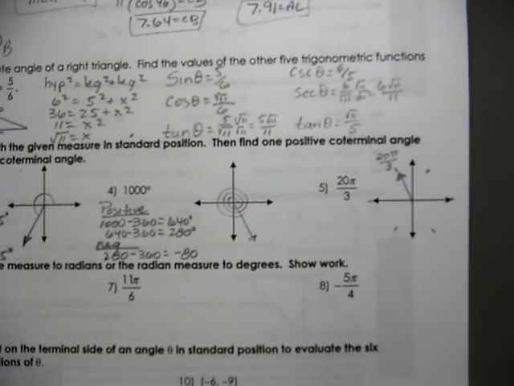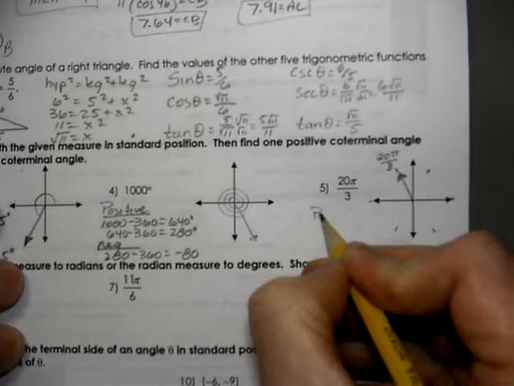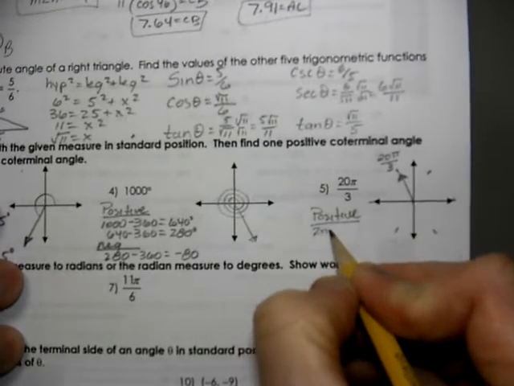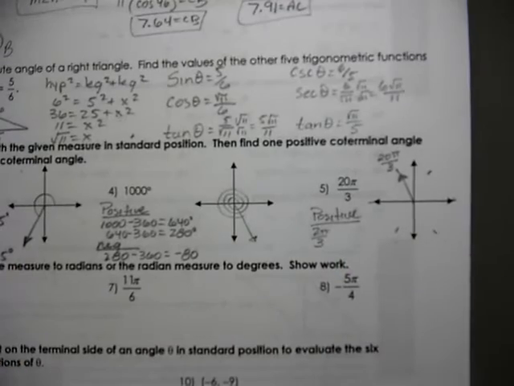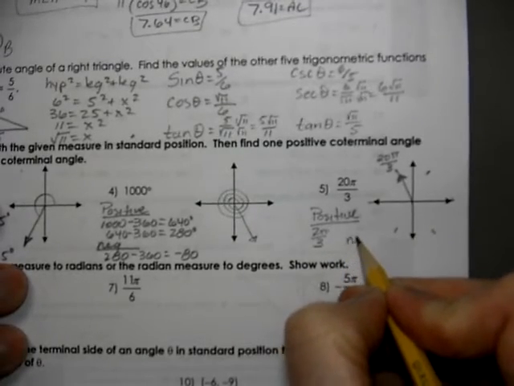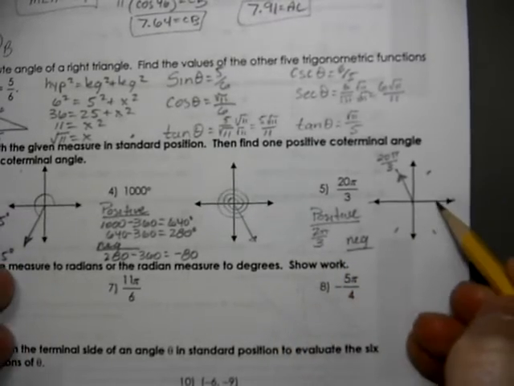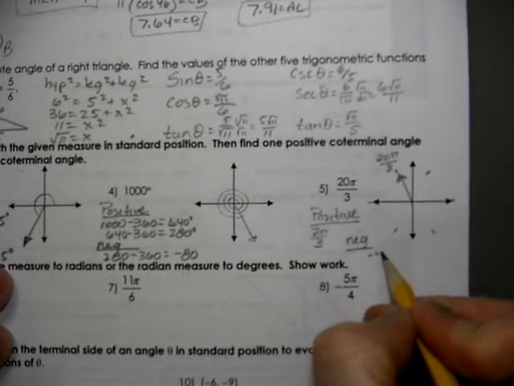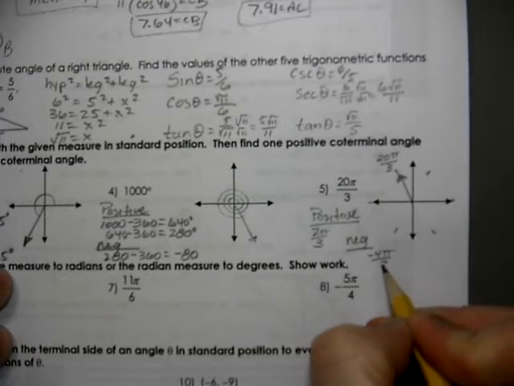So a positive is going to be 2 pi over 3. And negative is going to be 1, 2, 3, 4. Negative 4 pi over 3.